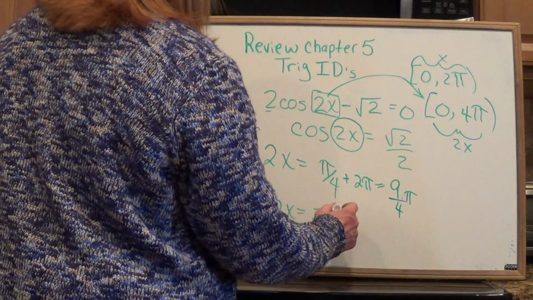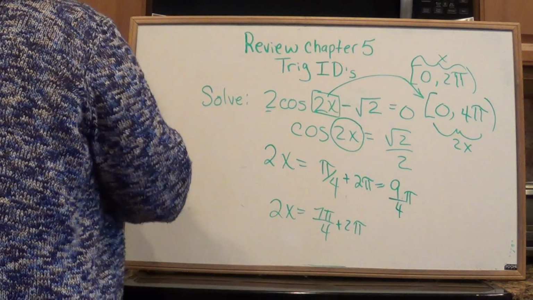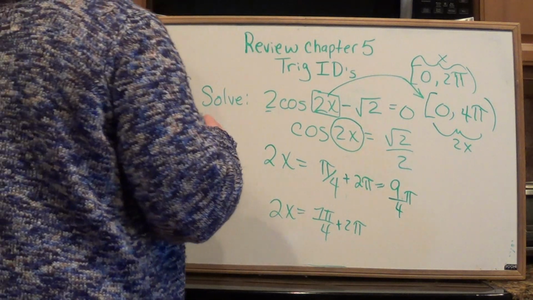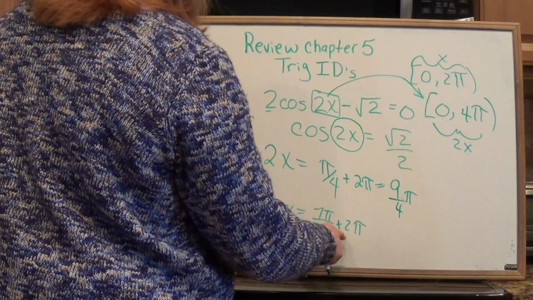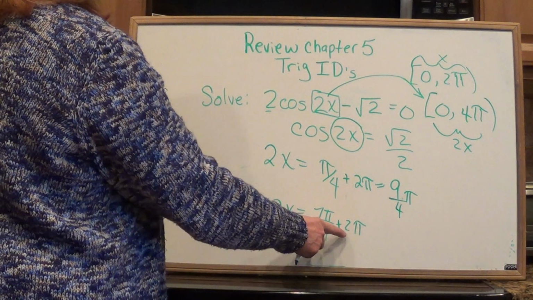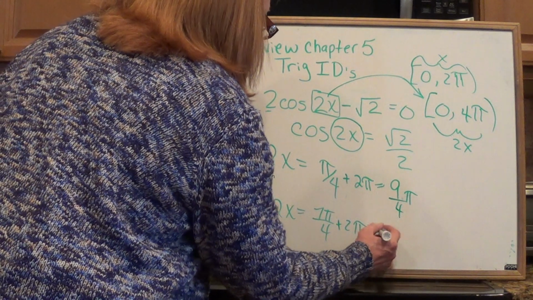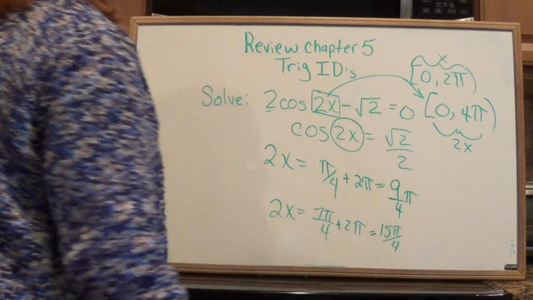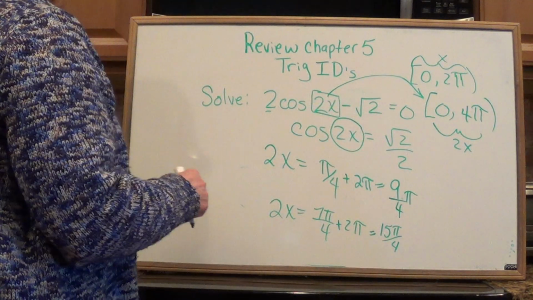So then I spin, so to speak, this one by adding 2 pi, and 7 pi over 4 plus 2 pi. Again, this is 8 over 4. 8 and 7 give me 15 pi over 4. 4 into 15 is not greater than 4, so we're still within range.